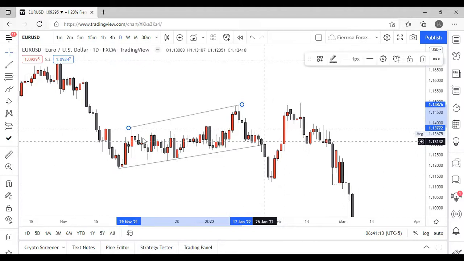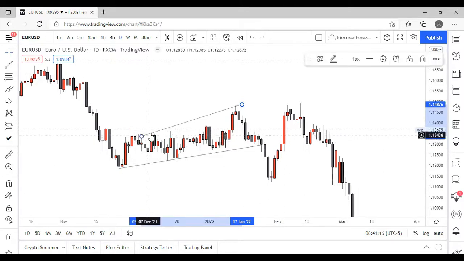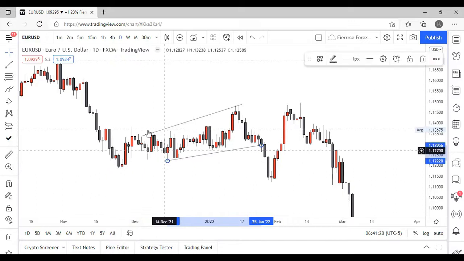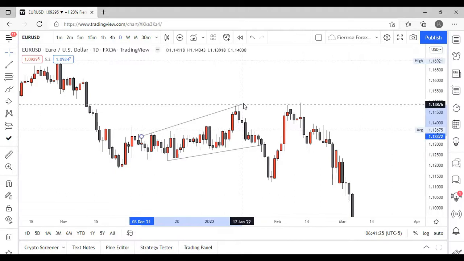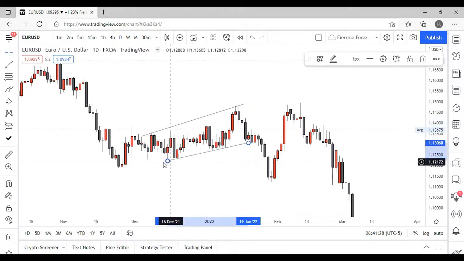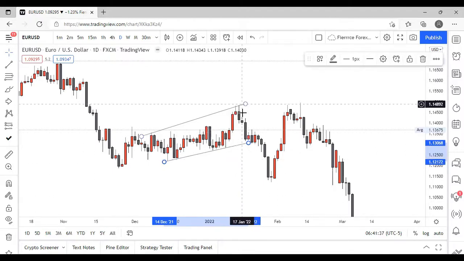I'm going to work from this swing low, this swing high, this swing low, and then we have this swing high up here, and then we have this. Okay, so what is this? This is an ascending wedge. Then what do we see?